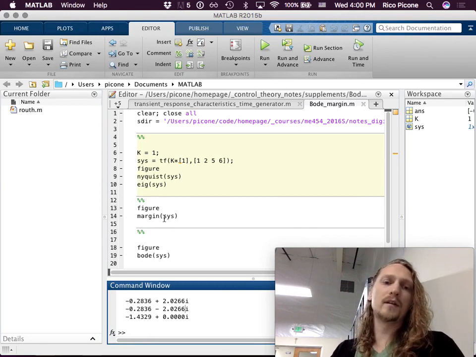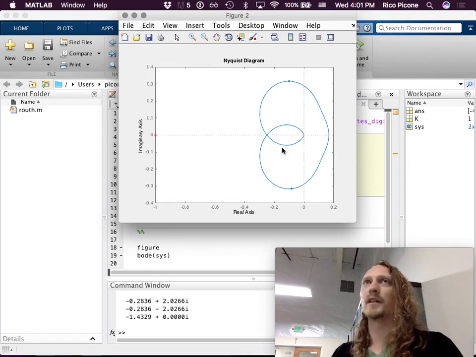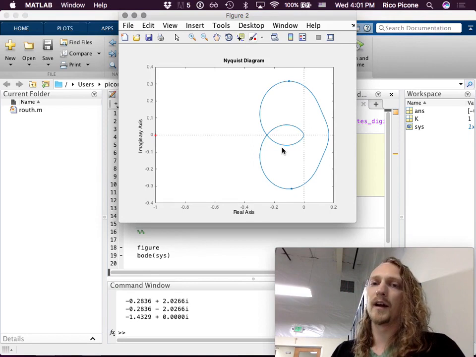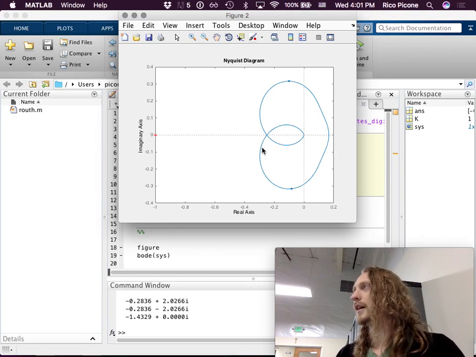We also want to check that our Nyquist plot has two properties. First off, that for low gain, there are no encirclements, and that for high gain, there are clockwise encirclements.